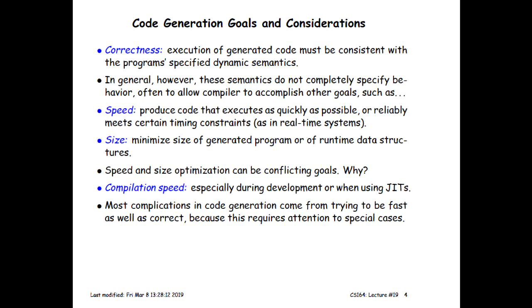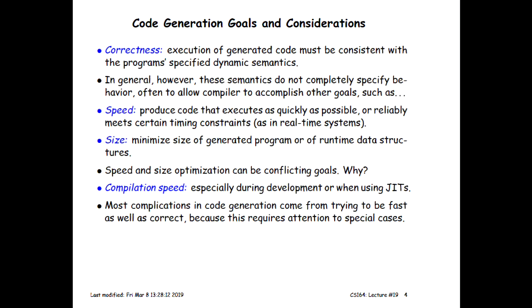So the language says that x plus equals 1 adds 1 to a variable called x, and if there's something that you can identify as the variable x that behaves like the variable x, and the code for x plus equals 1 actually increments that, then you say the thing is correct.